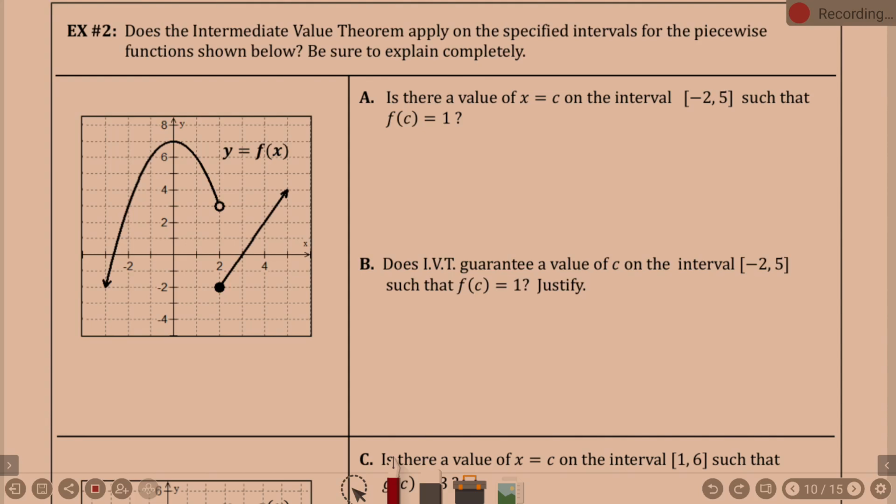So this doesn't say anything about IVT or anything. Just, is there a value on the interval from -2 to 5 such that f of c equals 1? Yeah. So where are we looking? -2 to 5. And what does f of c equals 1 mean?